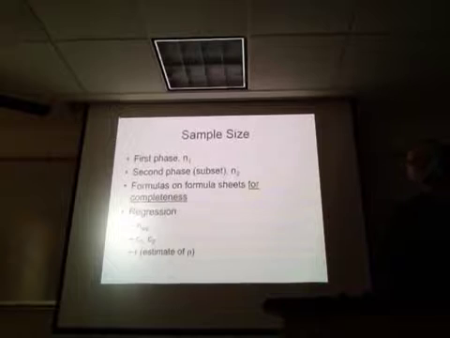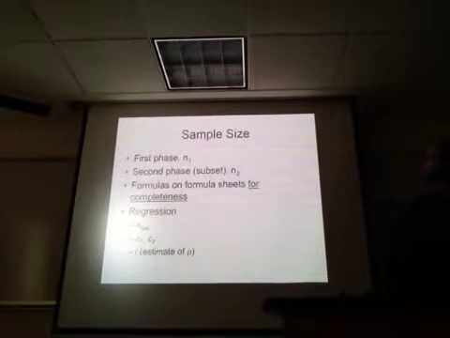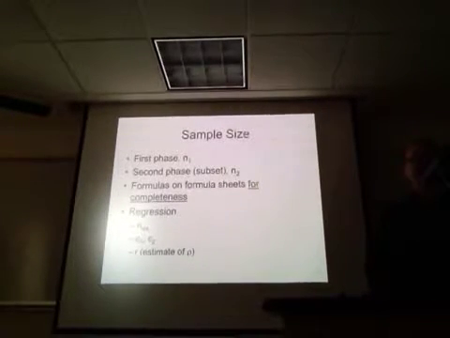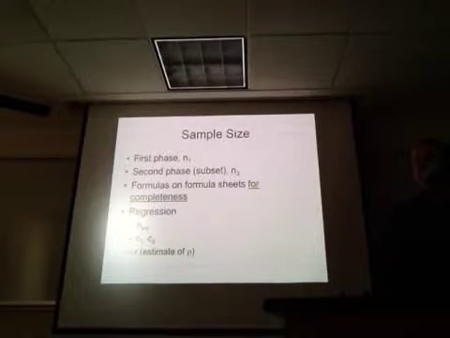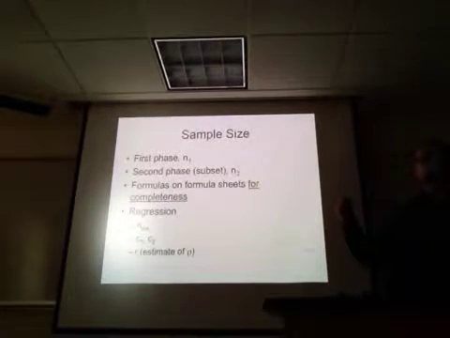C1 is much less than C2. Yes. C1 better be much less than C2. Otherwise, I'm wasting money. Because I don't care about the X's. I'm just using them. I care about Y's. But they're much more expensive to observe, we're assuming.